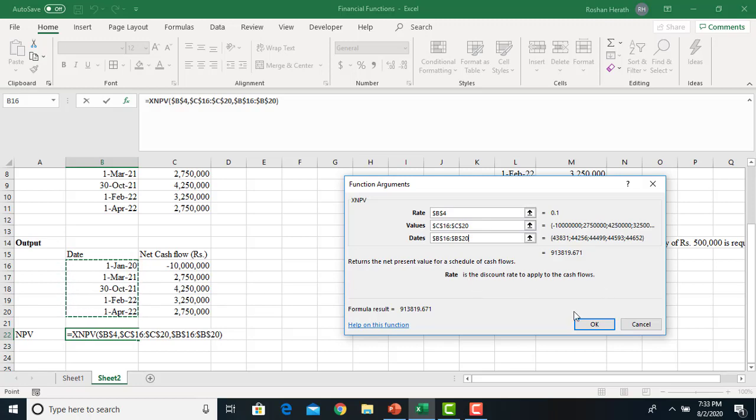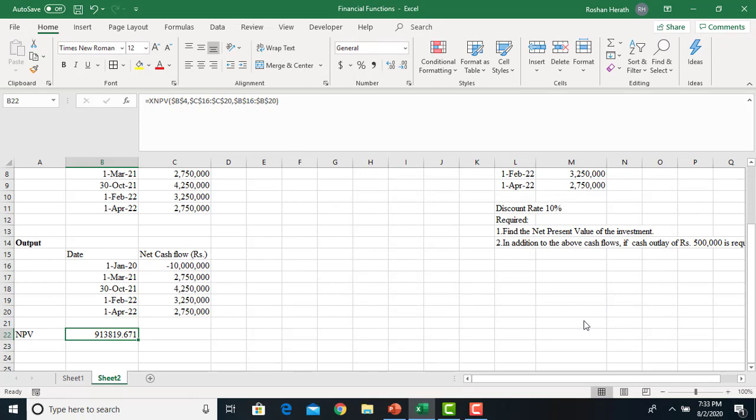Once you give that, it says that this project is generating 913,819.67.